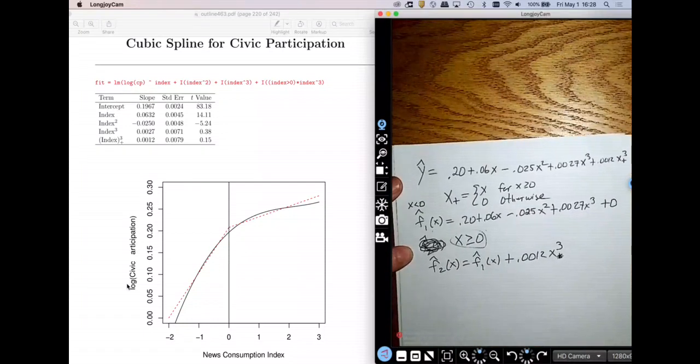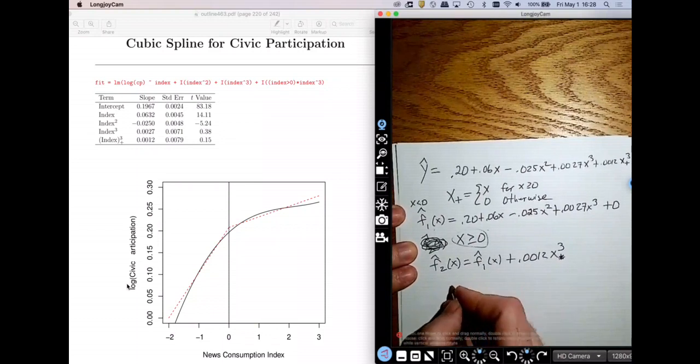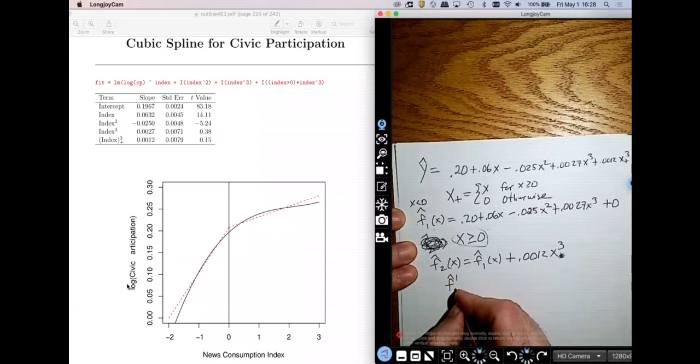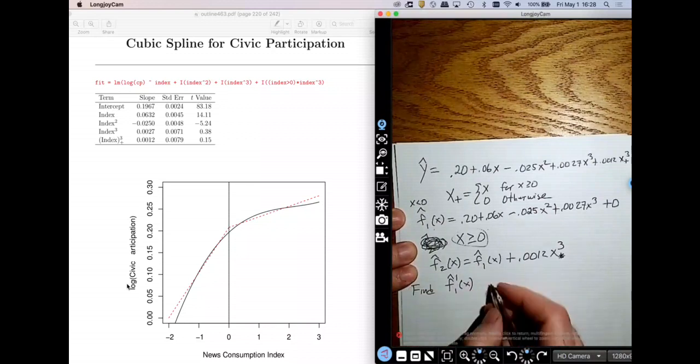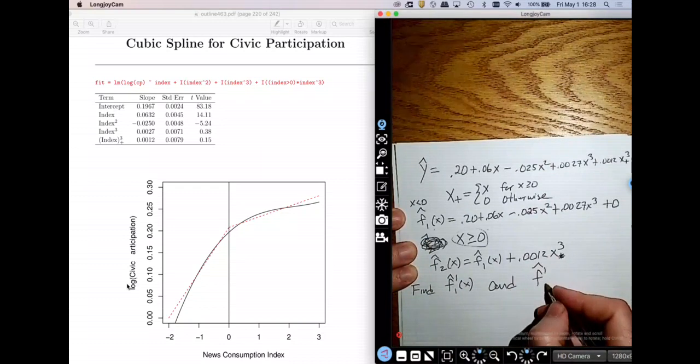Now, I don't think I want to do this in this video, but a useful exercise for any of you who remember your calculus, and this is not hard, is to find f hat prime 1 at x and also f hat prime 2 at x.